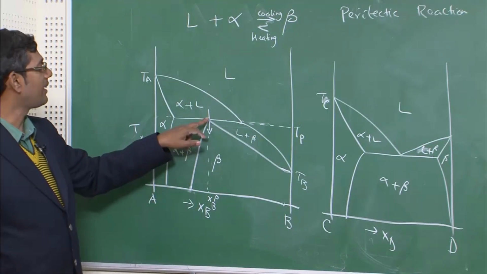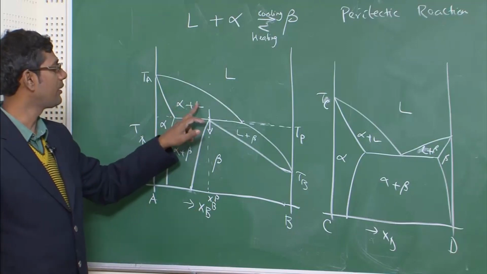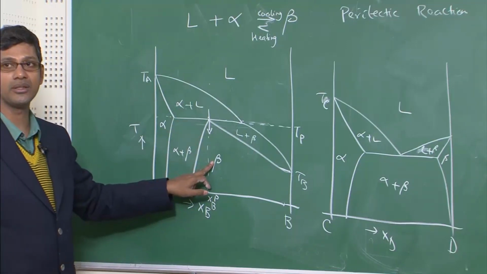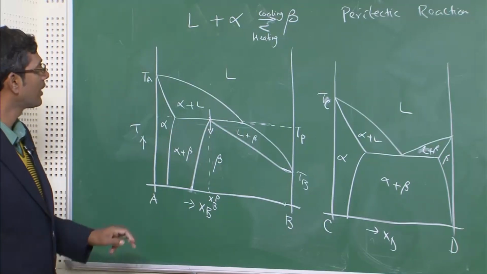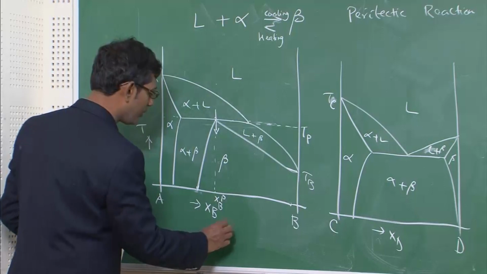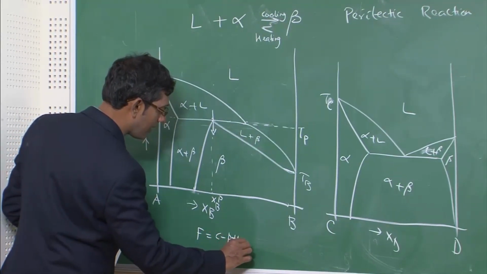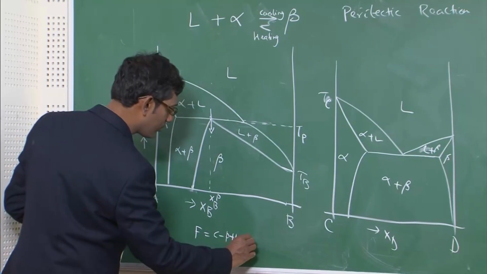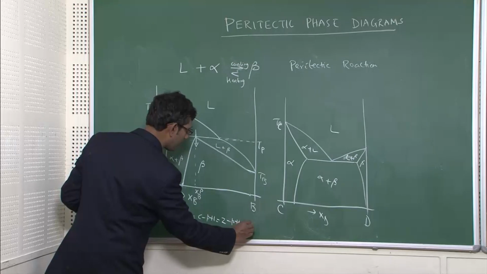So that means at this temperature Tp and composition Xp, liquid, alpha and beta, 3 phases are at equilibrium. Therefore, the degrees of freedom here is 0. Why are the degrees of freedom 0? Because we know degrees of freedom is given by C minus P plus 1, and here there are 2 components, so C is 2, plus 1, so 3 minus P.